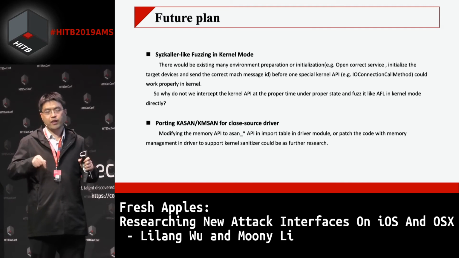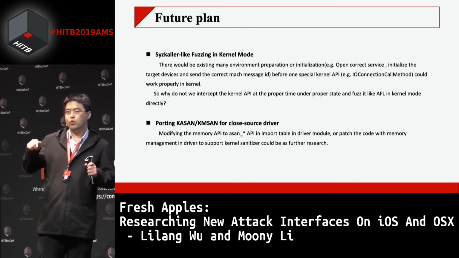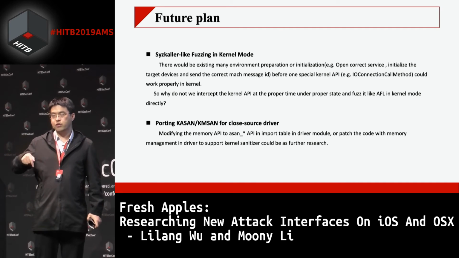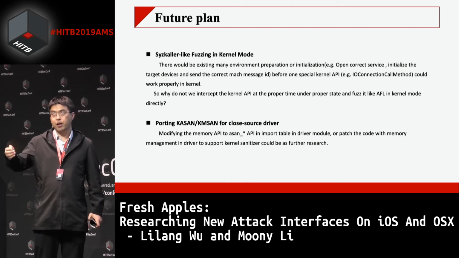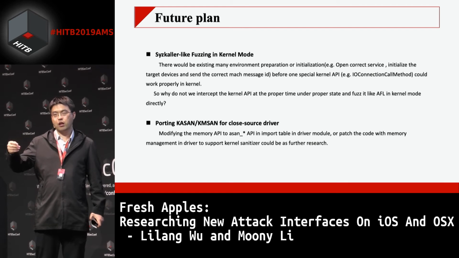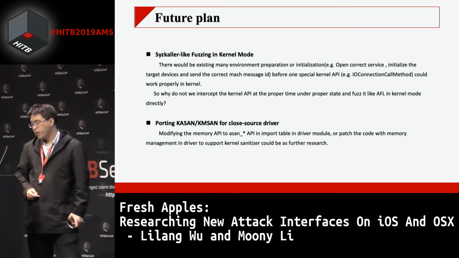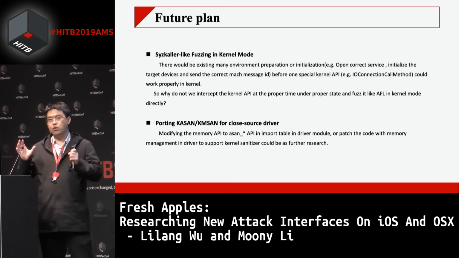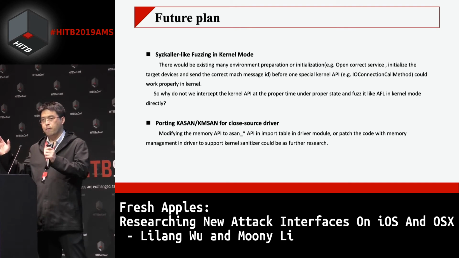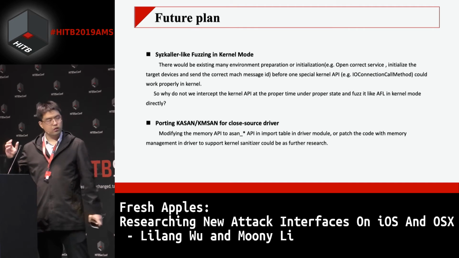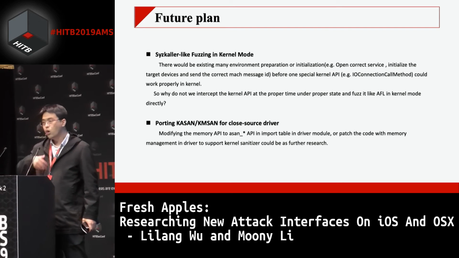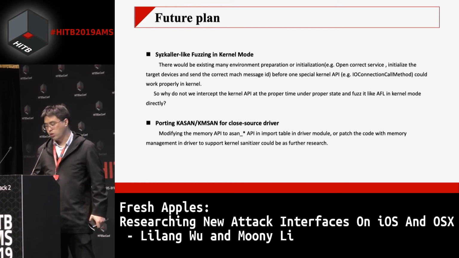It modifies the source code of XNU to catch all kinds of memory allocation, for example kmem malloc, free, and any kind of memory reference or dereference. So maybe we could also port this kind of memory or address sanitizer to closed source drivers, so we can extend our scope of fuzzing.